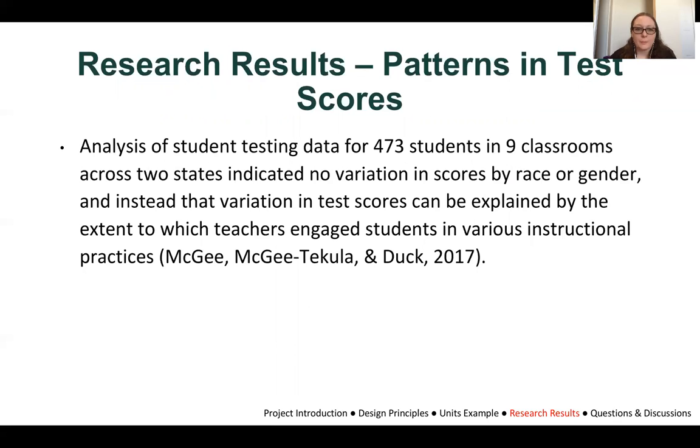The most promising being that when we looked at interactions classrooms where teachers were using all of the practices that we hoped they would use, because we supported those both in the development of our materials and through our professional learning program, when we looked at those students' test scores, we couldn't see any variation in those scores by race or gender.